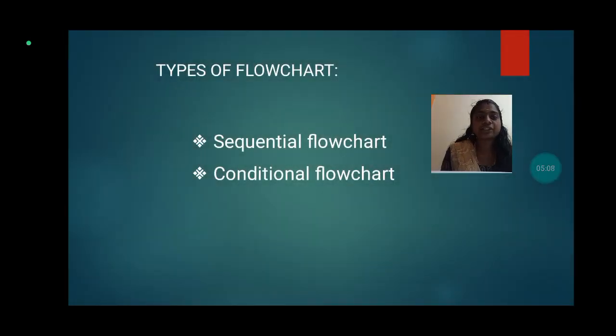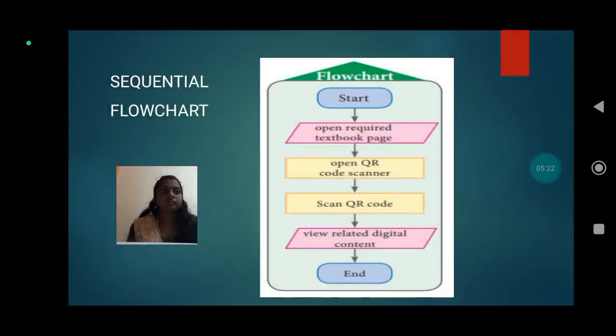Next, we are going to discuss types of flowchart. There are two types of flowchart. They are sequential flowchart and conditional flowchart. First, we are going to discuss sequential flowchart. The example is given in the picture.